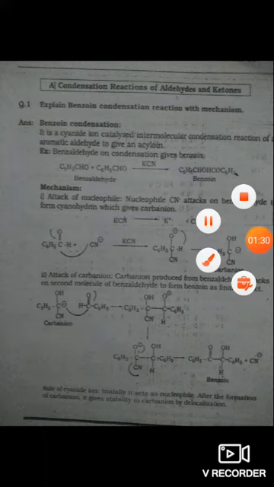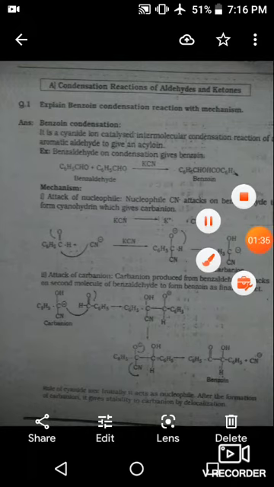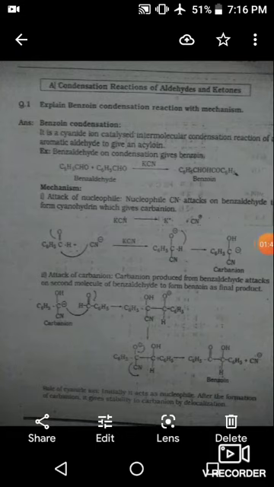Then I will start the first name reaction, the benzoin condensation reaction. In the benzoin condensation reaction, you take 2 moles of benzaldehyde in the presence of a base, potassium cyanide, and get the formation of alpha hydroxy ketone, benzoin.